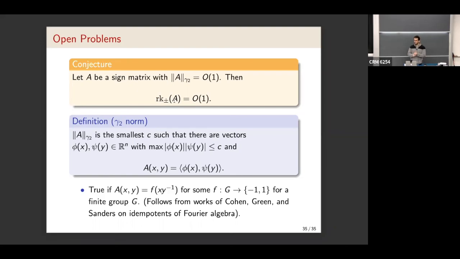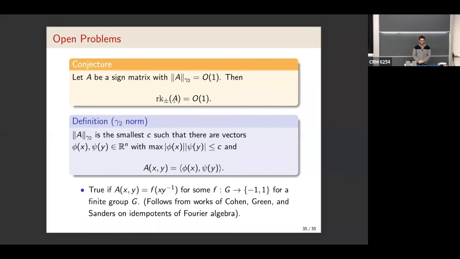So that means the gamma 2 norm becomes equivalent to this algebra norm. In terms of the Fourier, it becomes the sum of the absolute values of the Fourier coefficients, if G is an abelian group, right? So this Green and Sanders theorem characterizes functions that have bounded Fourier spectral norm. They are in this coset ring, and from that you get that the sign rank is bounded. Yeah, so it's a lot.